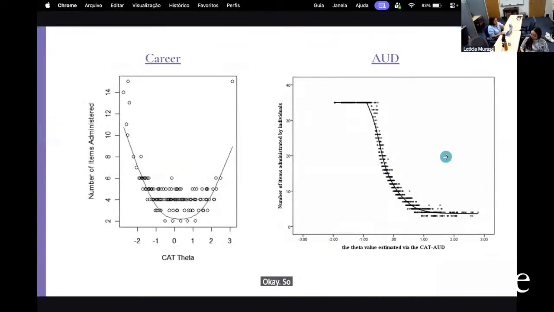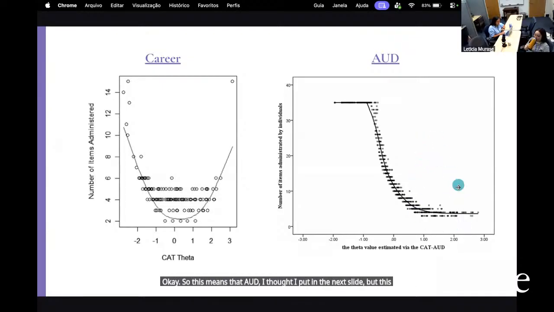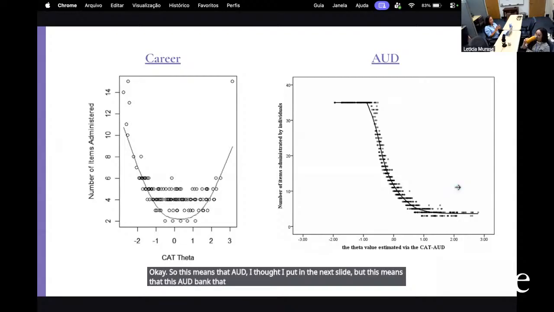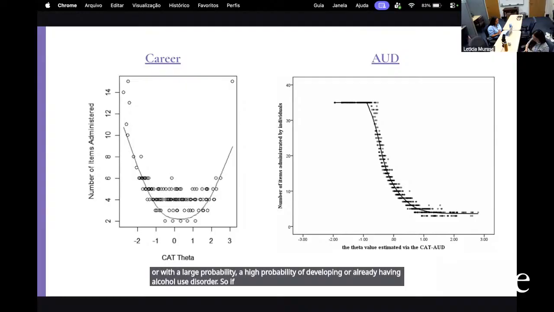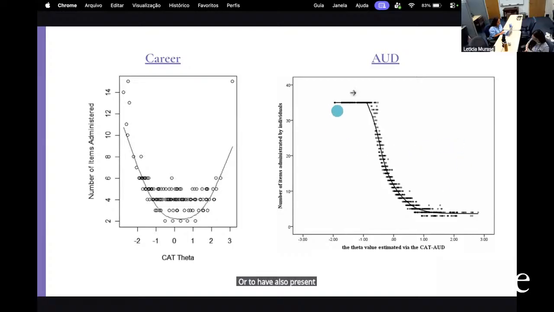This means that the AUD bank they generated is useful to select and screen for people with higher levels of alcohol consumption, or with a high probability of developing or already having alcohol use disorder. If you don't consume alcohol, or you're not in the danger zone to develop or have this disorder, this test will not be a good fit for you.